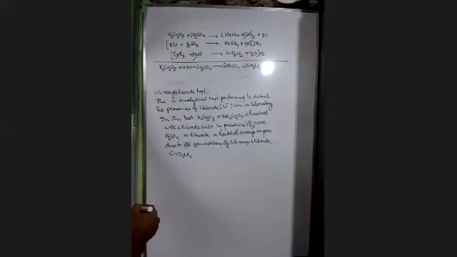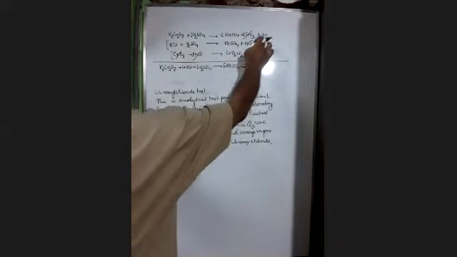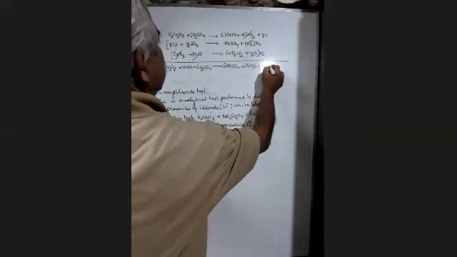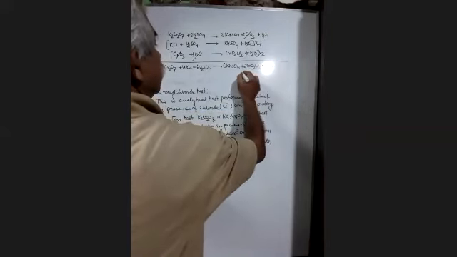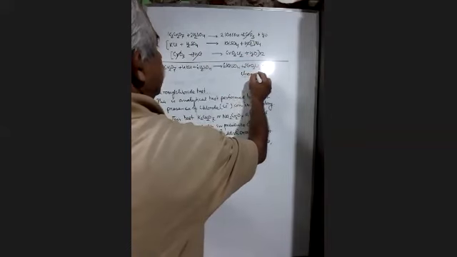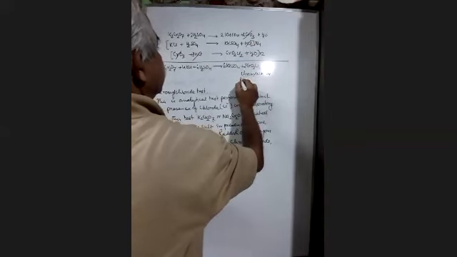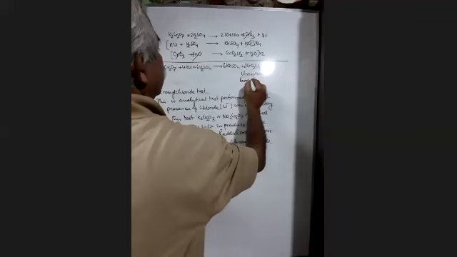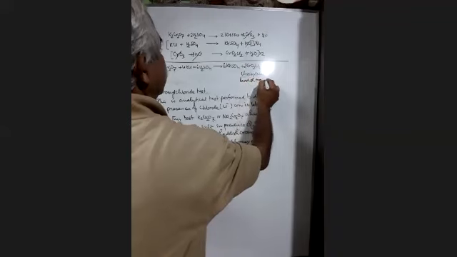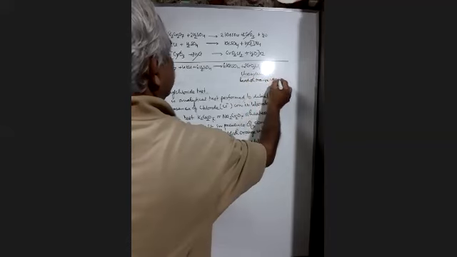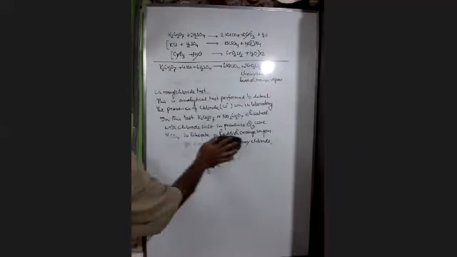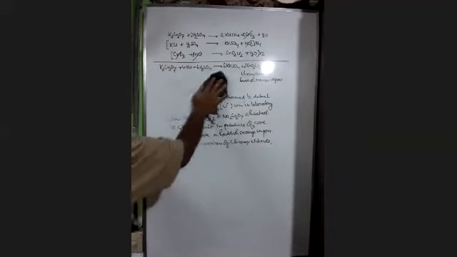And how many molecules of water? 2 plus 1, so 3 H2O. So this is chromyl chloride, reddish orange. I have done it intentionally because this chloride must be tested. Okay, so now we'll do one more.